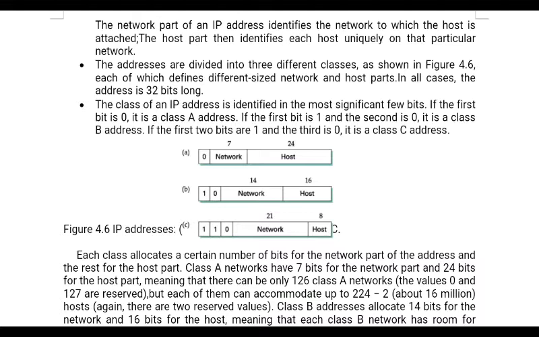So even if blocks of IP addresses are allocated so that addresses are used efficiently, still a problem remains. What is that problem? There is a problem of routing table explosion. The routing table has a capacity to hold a number of addresses, that is the buffer space, and based on that it maintains the information.